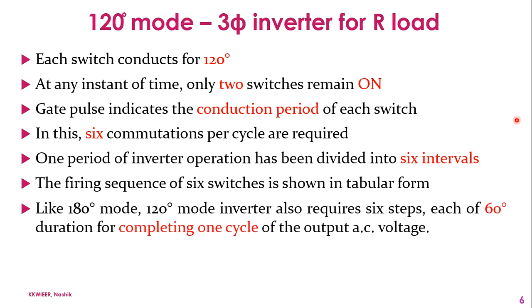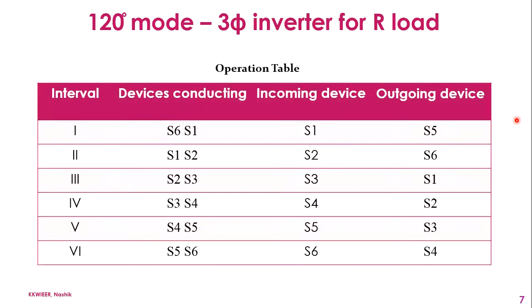Like the 180-degree mode, the 120-degree mode inverter also requires 6 steps, each of 60-degree duration, for completing one cycle of the output AC voltage. So this is a tabular representation of the operational mode of the 120-degree mode in the case of a three-phase inverter for R load.